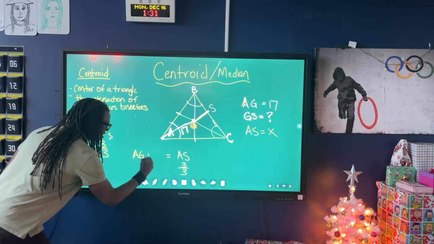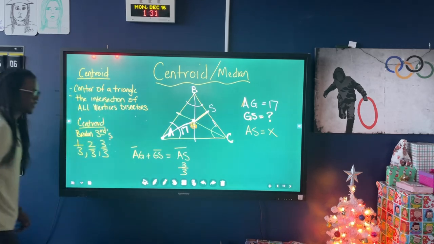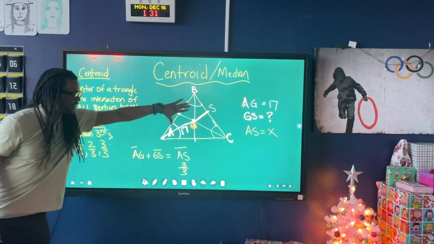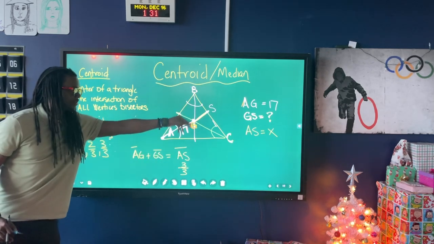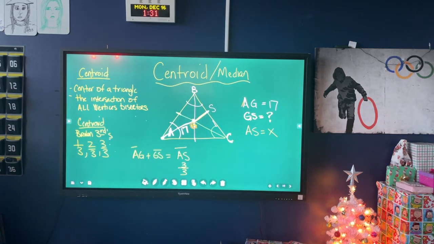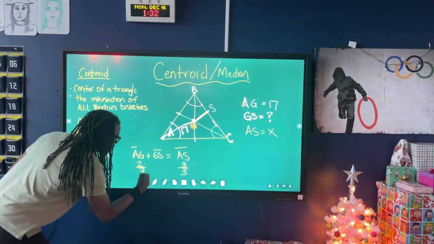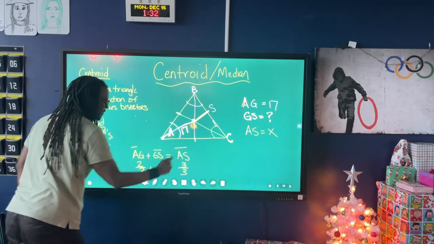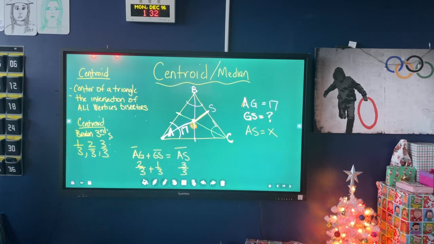AG has to be something, plus GS has to be something. If the entire segment is 3 of 3, looking at AG, how many thirds do you think that AG is, just by looking at it? AG is 2/3, so therefore you know GS is 1/3.